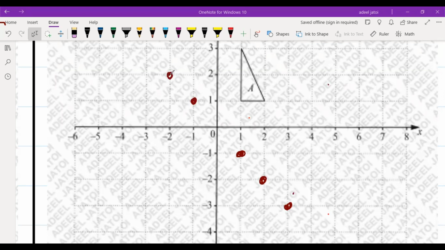If x is minus 2, y becomes 2. And in this way, you will have a diagonal reflection line crossing from the origin. And this will be y is equal to what? Minus x.